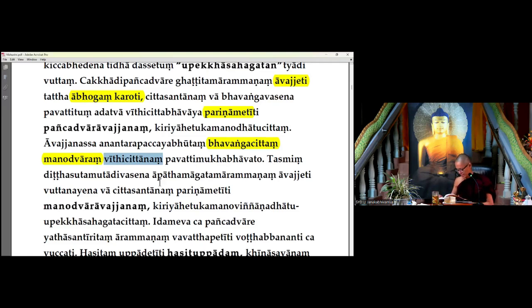If someone asks what is a Mano, it is a Vīthi Citta. Like Manodvārāvajjana, 7 Javana, 2 Tadārammaṇa: these are Vīthi Citta. So the Bhavanga mind is the cause of Manodvārāvajjana, the Vīthi Citta.